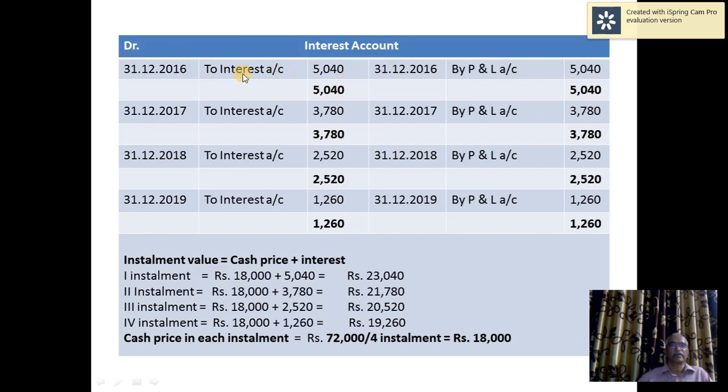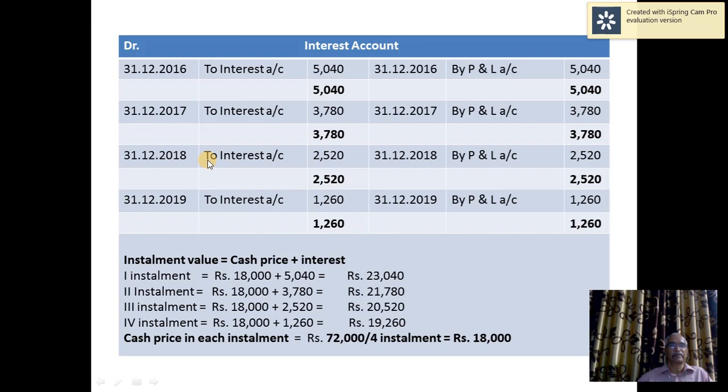Interest account debtor to interest suspense account 5,040, and interest account is closed by transferring that to profit and loss. Second year again, interest of second year is transferred from interest suspense account, 3,780, and interest account for the second year is closed by transferring that to profit and loss account.